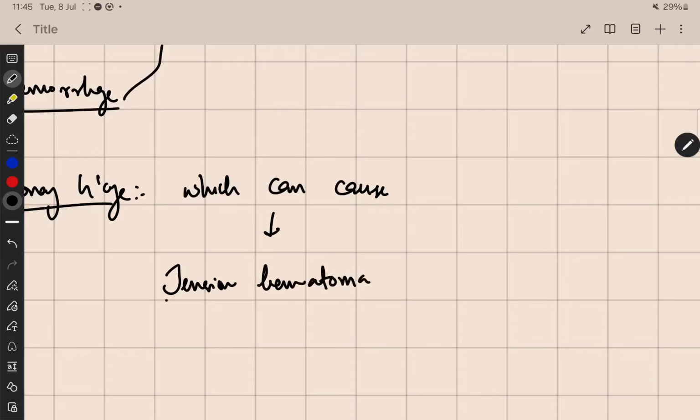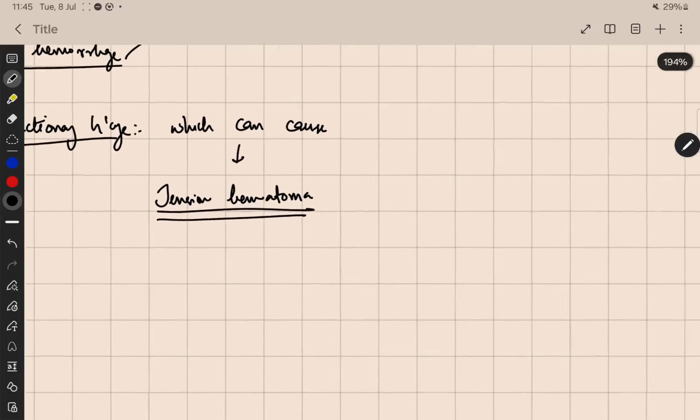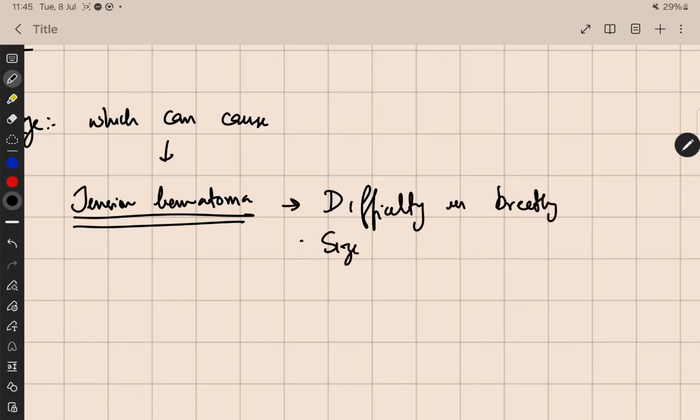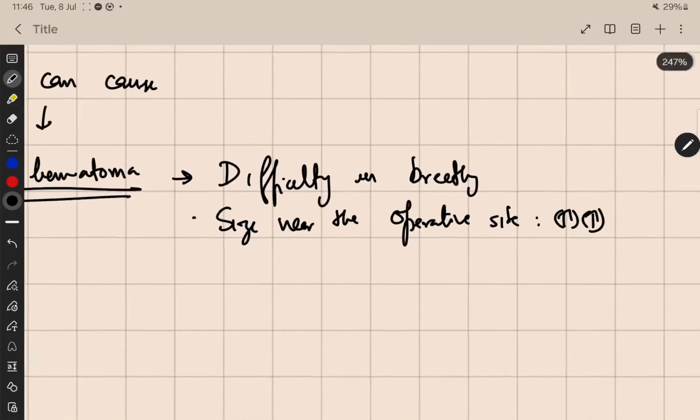The symptoms of tension hematoma will be that after surgery the patient will have difficulty in breathing, and the swelling near the operative site will increase suddenly, and there will be no decrease.